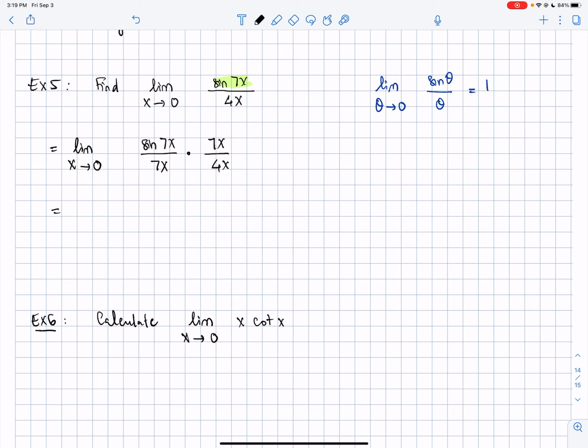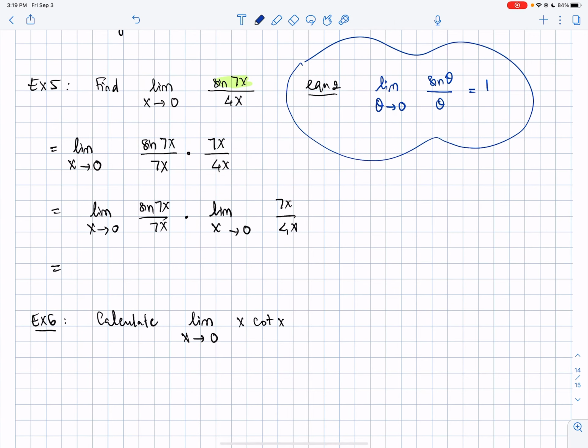Now we have a multiplication, so we can separate: the limit of sine of 7x over 7x, times the limit of 7x over 4x, as x approaches 0. Then we apply equation number 2 in this section, or you can call this example 3 in section 1.5.